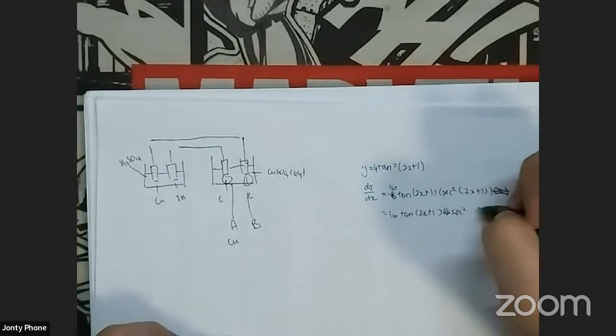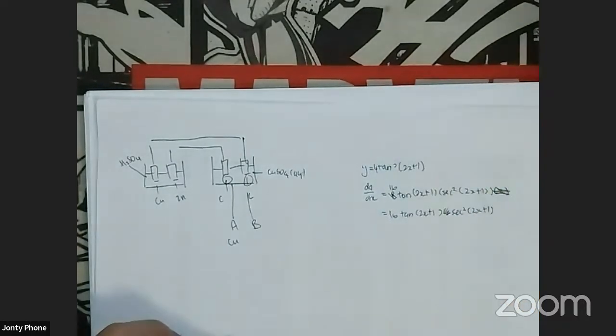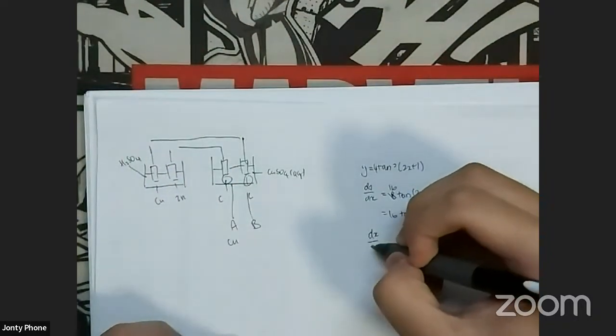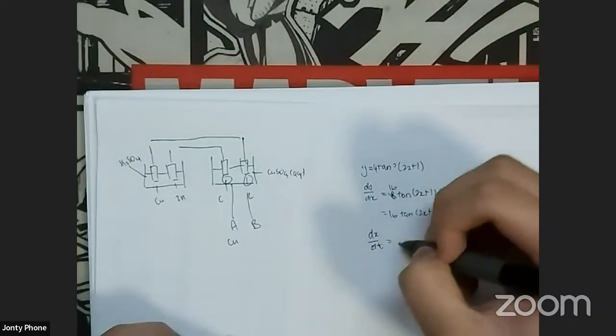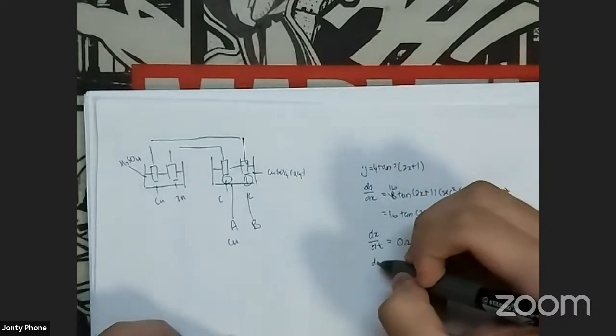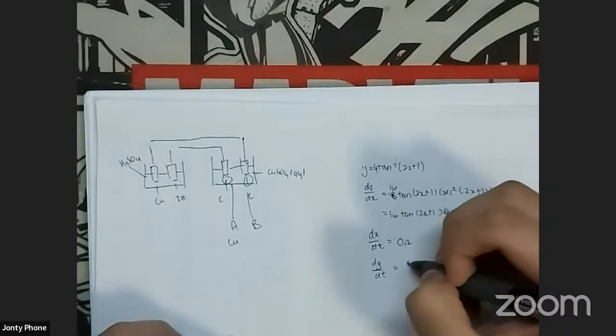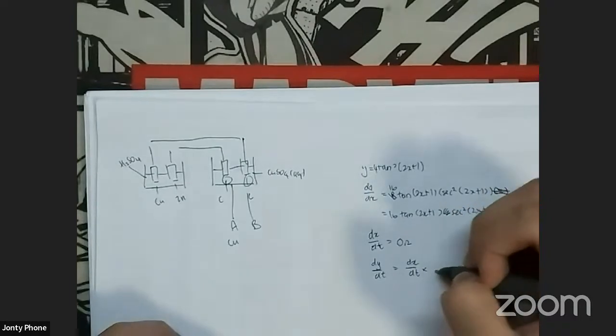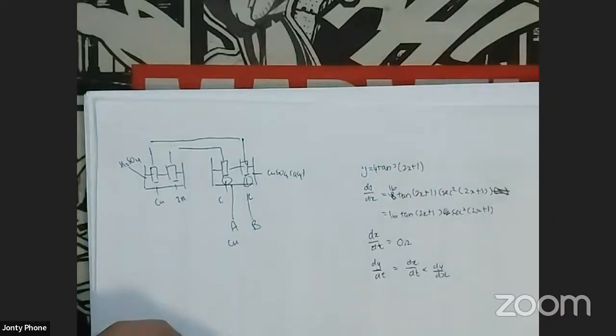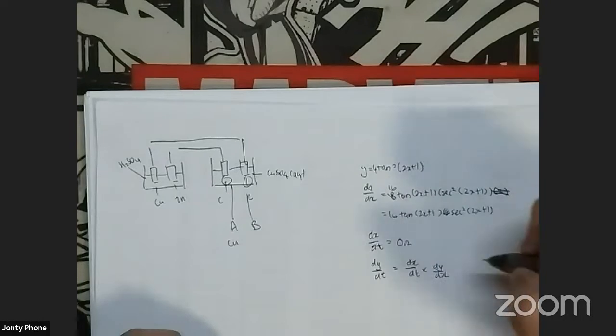Okay, so it's just this. Advantage is correct. Let me check. Yeah. Then they give us dx/dt equals 0.2. Then we want to find dy/dt, right? So it equals to... So good. All looking great. Yep, all looking great.